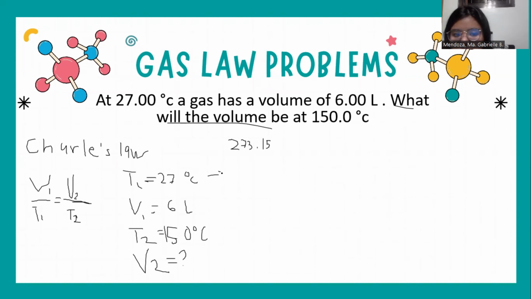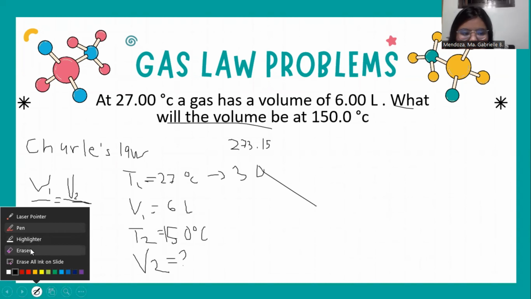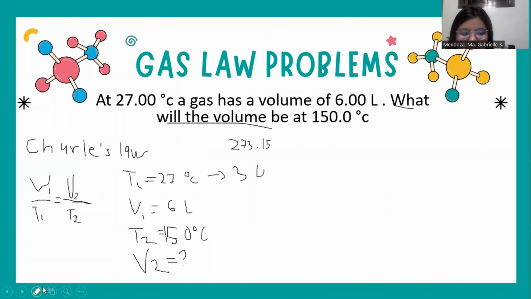So, kung 27 yan, 273.15 plus 27, that would be 300.15 Kelvin.